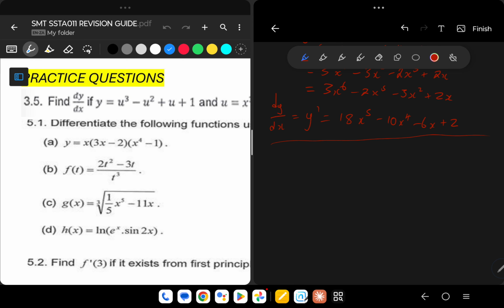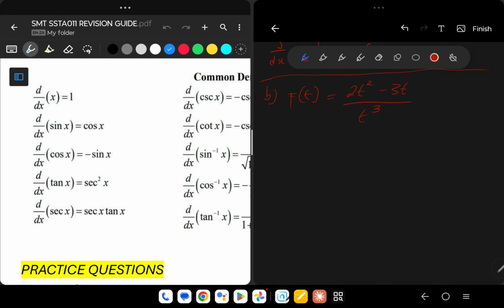Now let's look at your B. So for B we have f at t being equal to 2t squared minus 3t over t cubed. So you might assume that you're going to use the quotient rule here, but that is not the case, because you use the quotient rule if you have a function underneath and a function above.